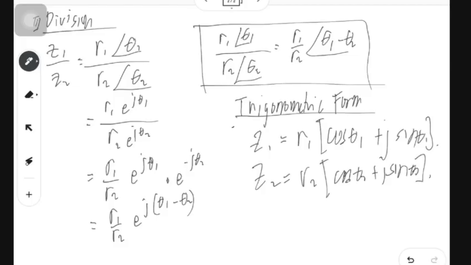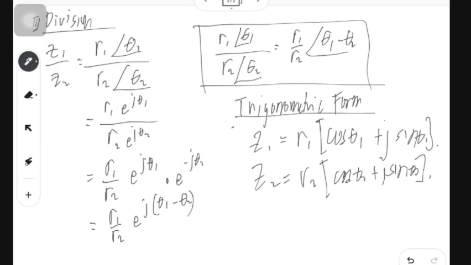Since normally angles and magnitudes are given, when you take cosine of that angle, sine of that angle, this will be reduced into rectangular form, no? So if you're going to add, convert this into rectangular form. If you're going to multiply, this can be converted into polar form, no? So it depends upon the operation, whether addition or multiplication or division.